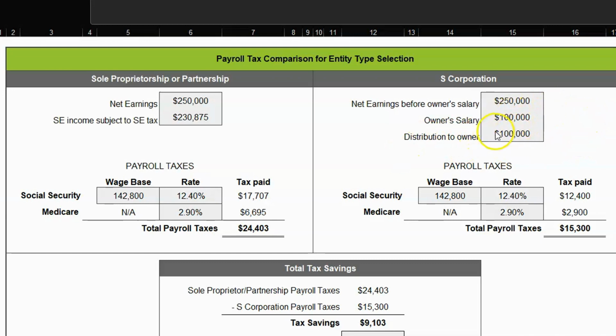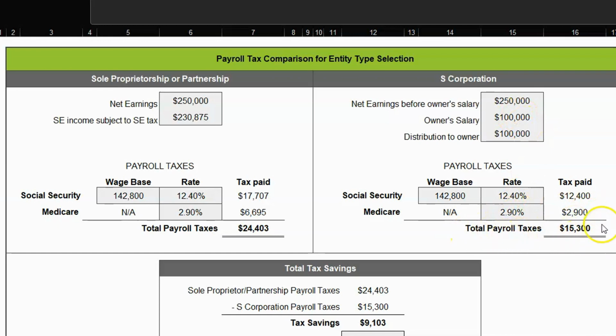And then the owners can take distributions, and those are not going to be subject to tax. So similar to S-Corps, but here in this example, the payroll tax that the S-Corp has to pay, which is essentially payroll, is this $12,400, and that's just 12.4% of this $100,000, and you've got the Medicare.